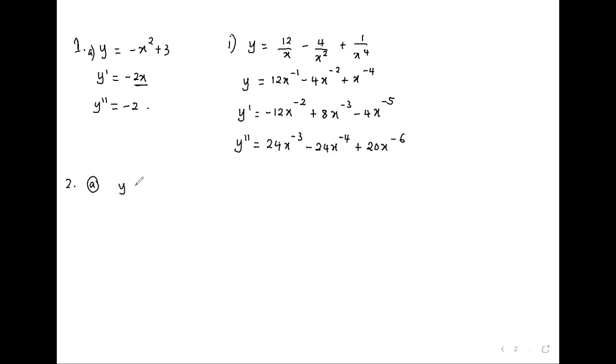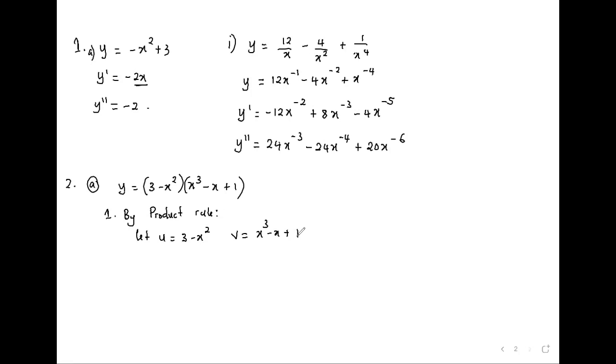A is y is equal to 3 minus x squared, and then x^3 minus x plus 1. So number 1, by applying product rule. So say, let u be 3 minus x squared, and v be x^3 minus x plus 1. Then we differentiate u. We are getting minus 2x.